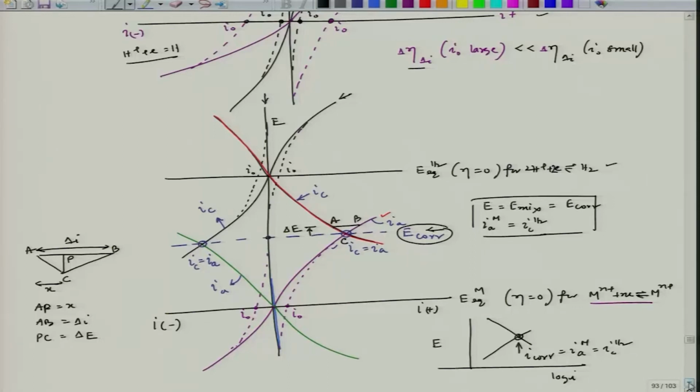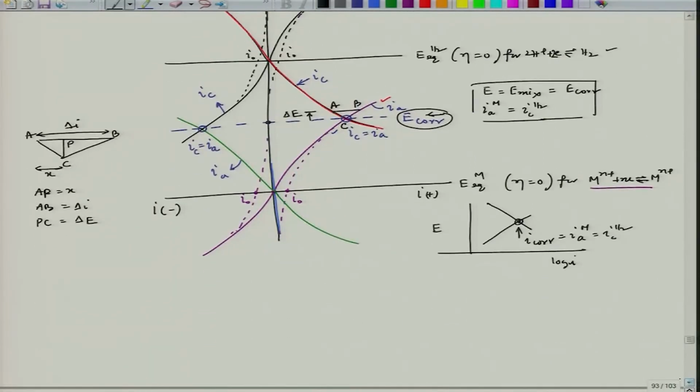Now, if I try to do a little bit of slope calculation, I can take the slope of AC. That means this slope we are trying to measure.